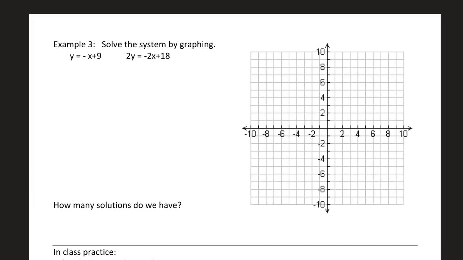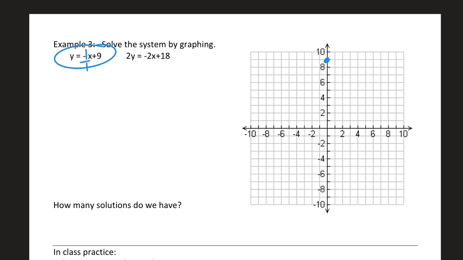We need to start by graphing, so I'm going to graph this first one in blue, and it looks like it's already solved for y, so I can go straight to my graph. My b is 9, so I'm going to begin at positive 9 on the y-axis. And my slope is hiding. It's a -1, or a -1/1.